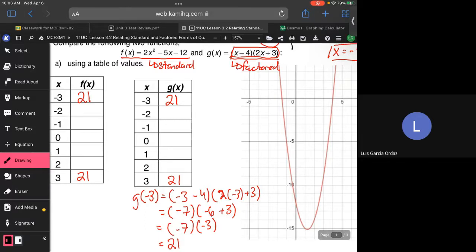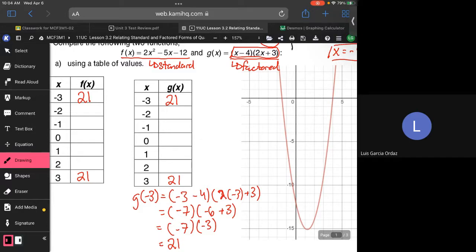You're both going to get the same answer. Once we figure out the factored form, it gives us the standard form, so we just need to do one.